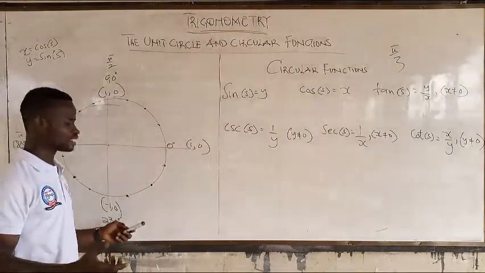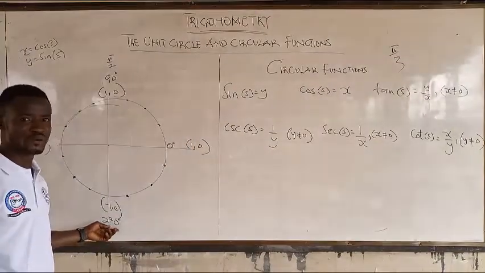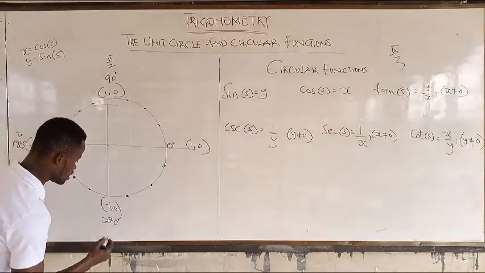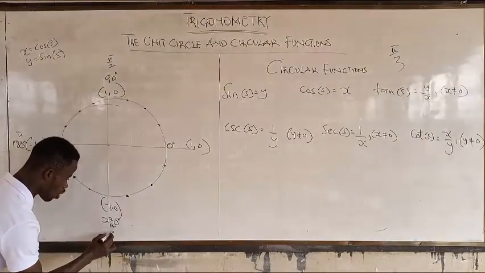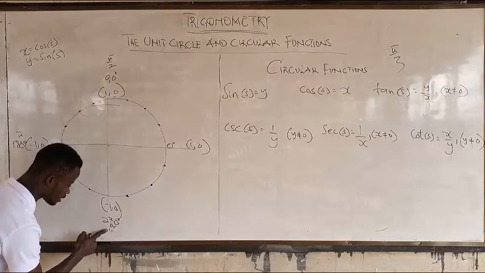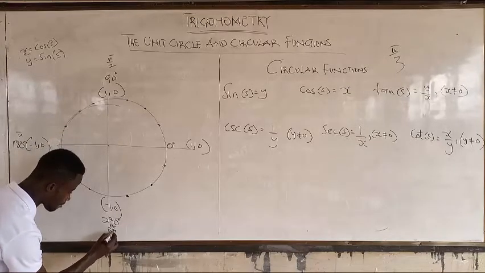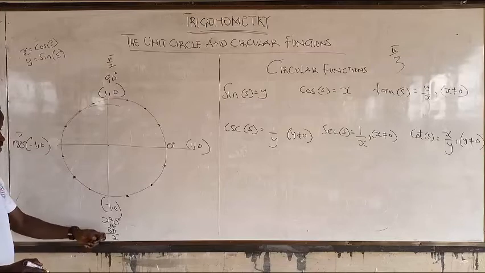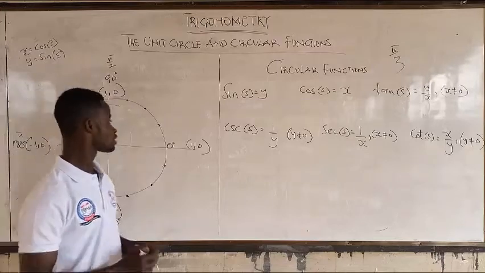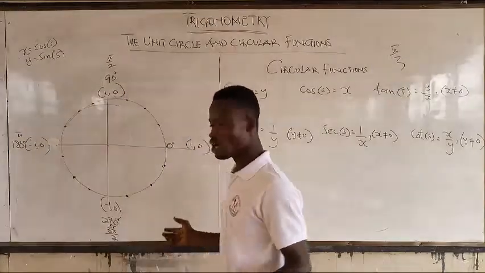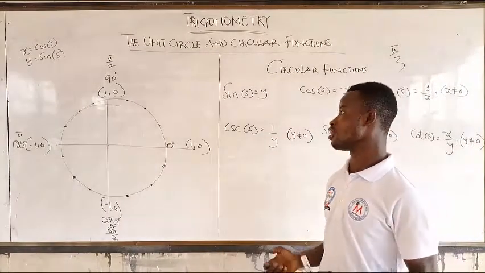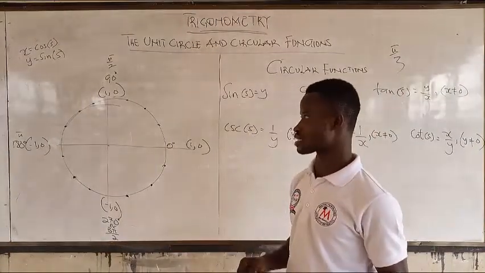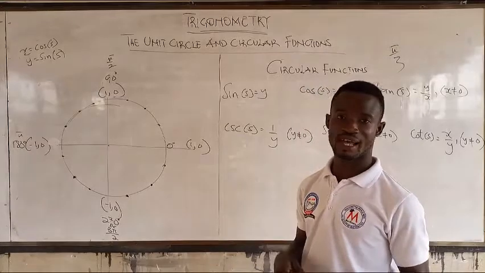How do we know that? Just multiply this by pi over 180 and you're going to get that. So this is the same as 3 pi on 2.